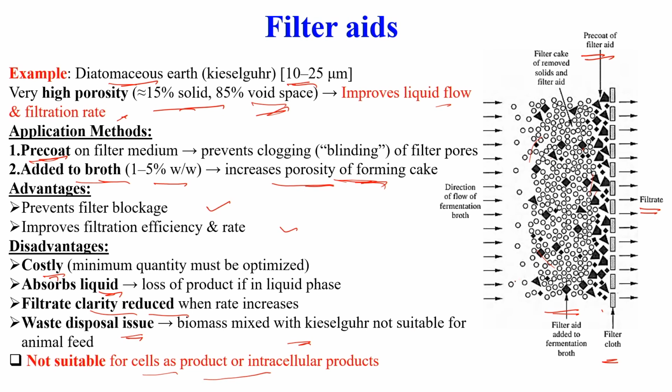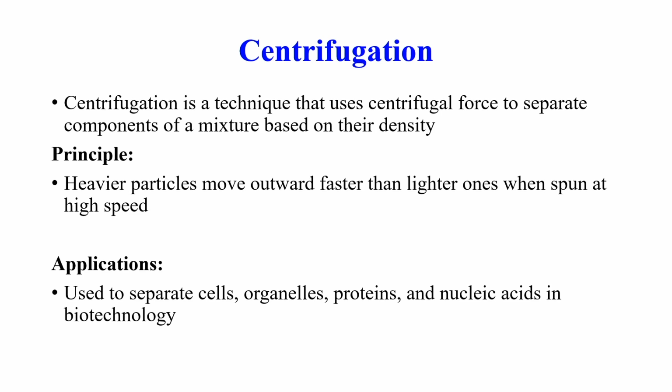So, it is difficult to separate the biomass and this filter aid, so it is not suitable if your product is intracellular, because in the case of intracellular you need to separate the cell and then again you go for cell lysis. So, the next method we are going to discuss is centrifugation.